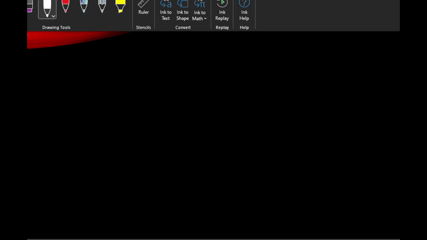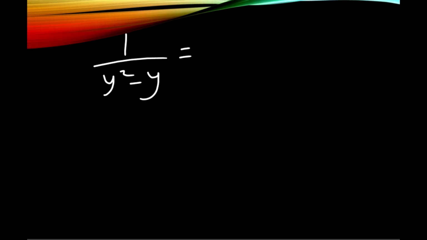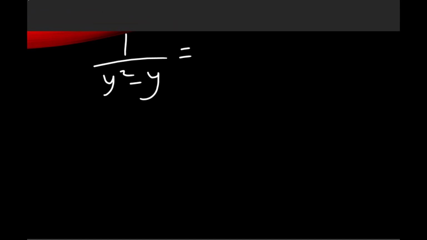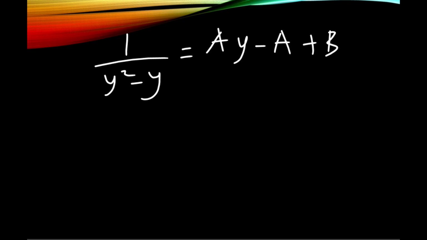Okay, yes. So 1 over y squared minus y is equal to, so we expand that side of the equation, so it will give us ay minus a, plus by, and then our denominator, which is y squared minus y.